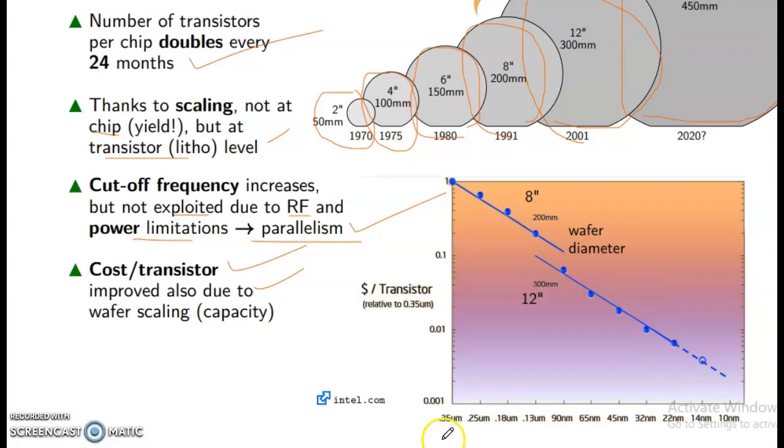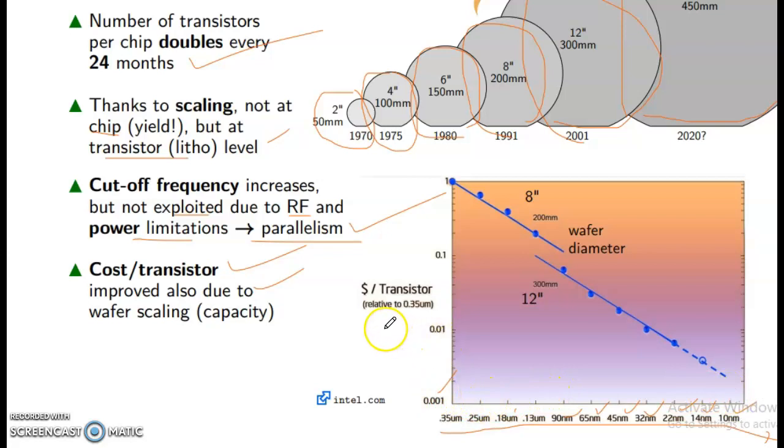Here on the x-axis: 0.35 micrometer, 0.25, 0.18 micrometer, then 130 nanometer, 90 nanometer, 65 nanometer, 45 nanometer, 32 nanometer, 22 nanometer, 14 nanometer, 10 nanometer.